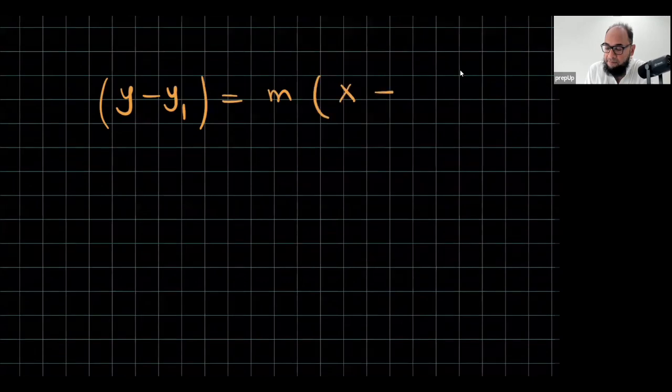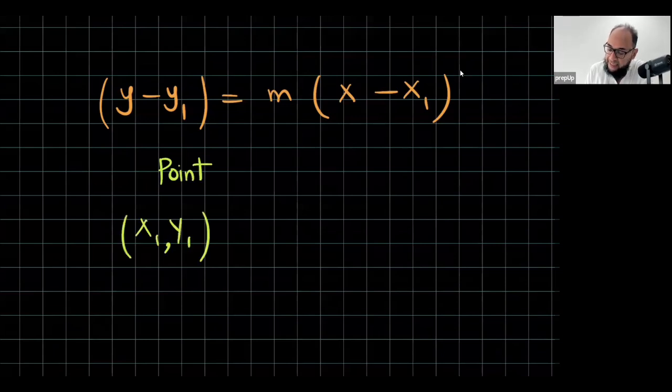And now let me introduce the second format. That is y minus y1 is equals to m bracket x minus x1. So there could be a point, and the point is x1, y1. Put a comma over here. There is the slope, that is the gradient, that is right over here.